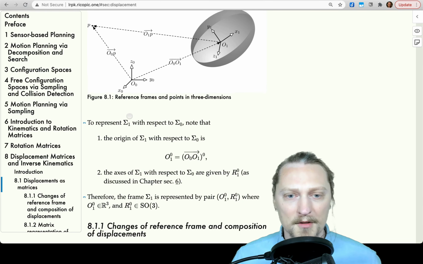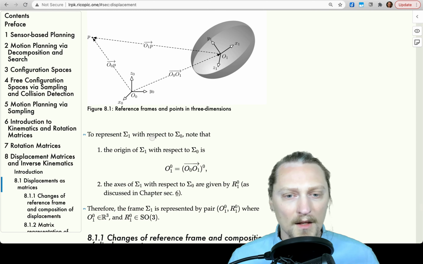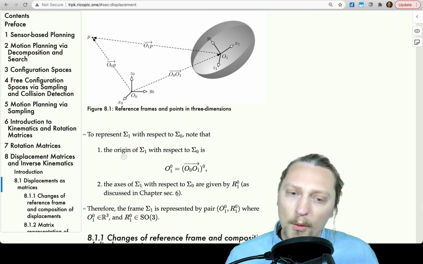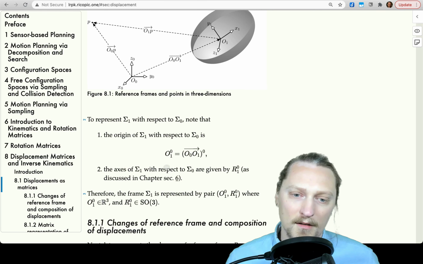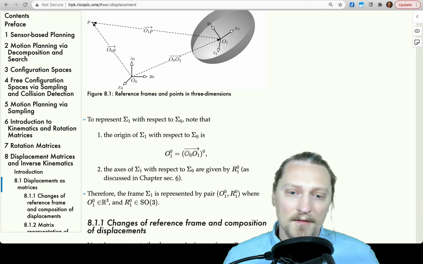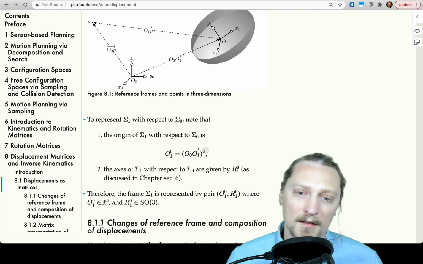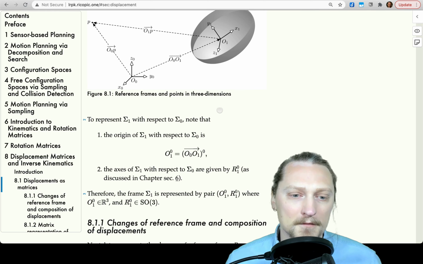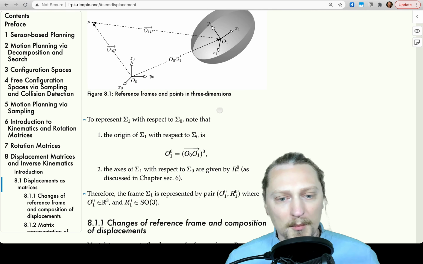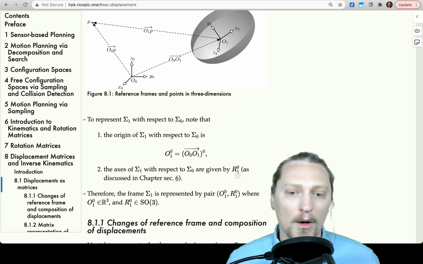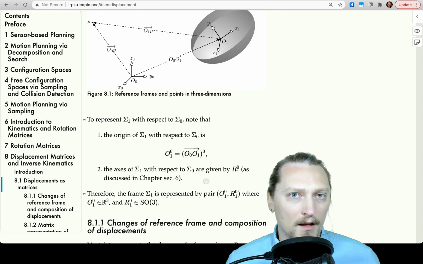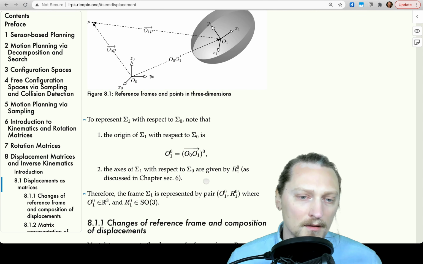To represent sigma 1 with respect to sigma 0, note that, one, the origin of sigma 1 with respect to sigma 0, that's our notation for that object, is the vector from origin 0 to origin 1 in the 0 reference frame. Two, the axes of sigma 1 with respect to sigma 0 are given by the rotation R1 in the 0 frame, as discussed in Chapter 6.